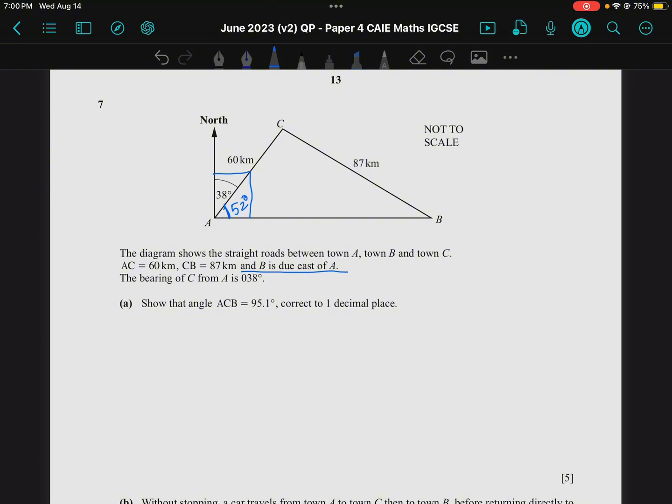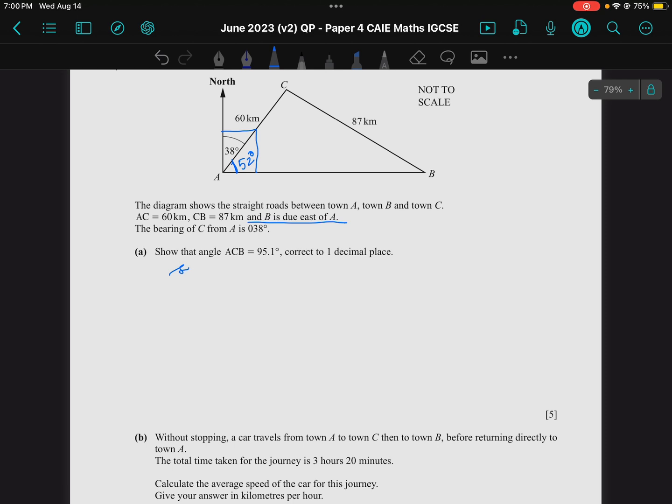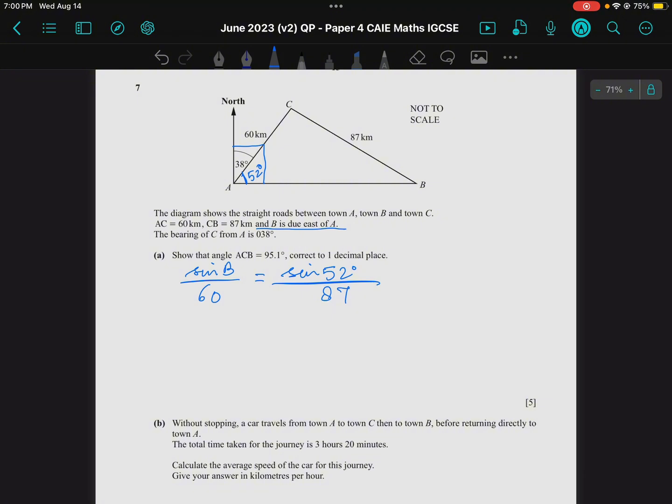This is 52 degrees. Now use the sine rule: sin B upon 60 is equal to sin 52 degrees upon 87. Now sin B is what?